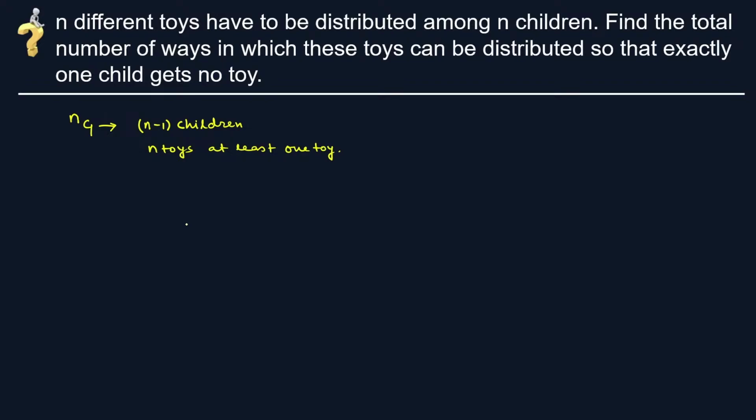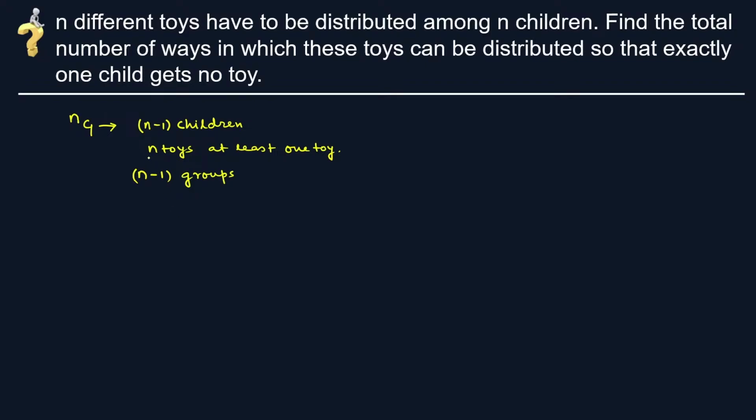So what I'm trying to do here is, first of all, let us make n-1 groups such that each group will contain at least one toy.